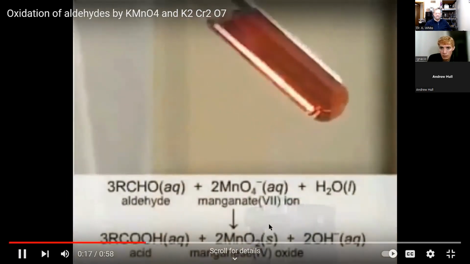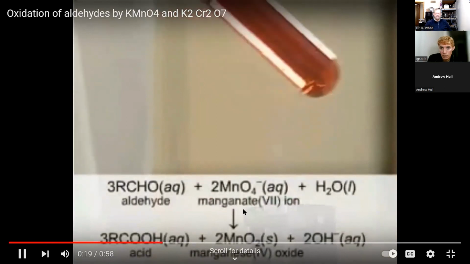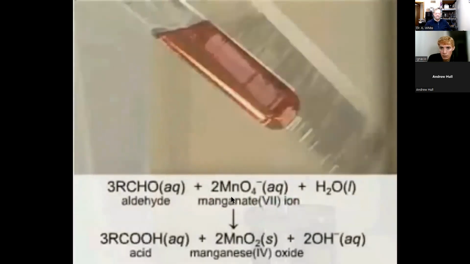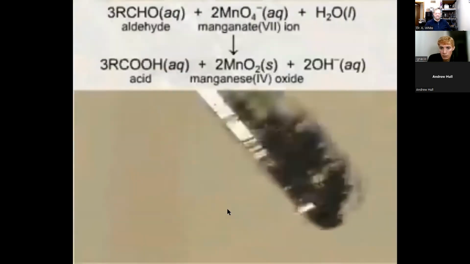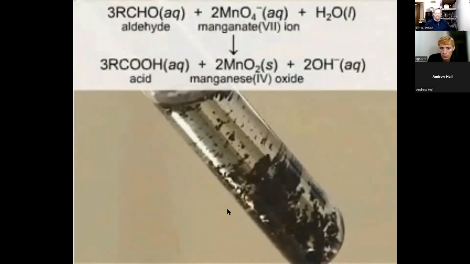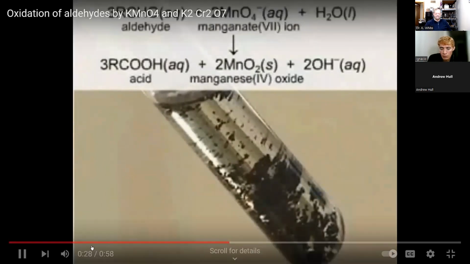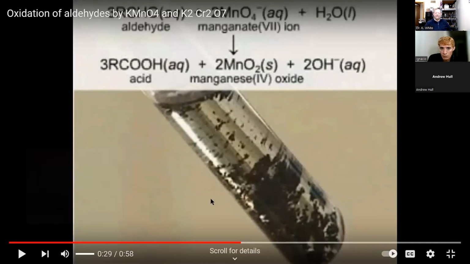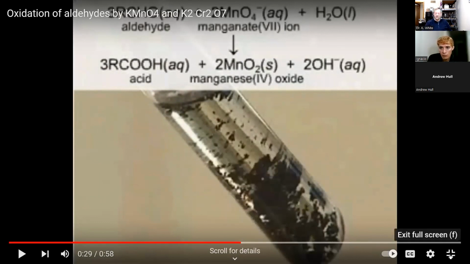As the reaction proceeds, the purple color fades away, and a dark brown precipitate of manganese forms. Doesn't that look sort of muddy brown? This does to me. Anyways, that's what you'll do in this reaction.